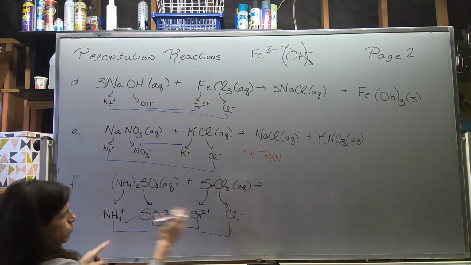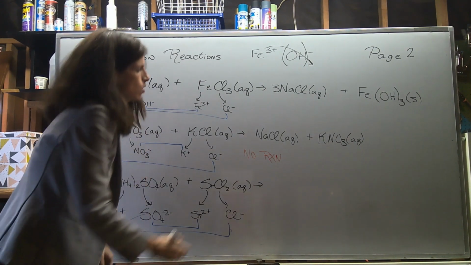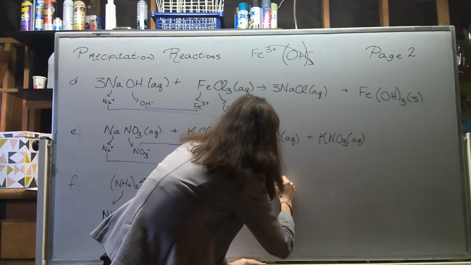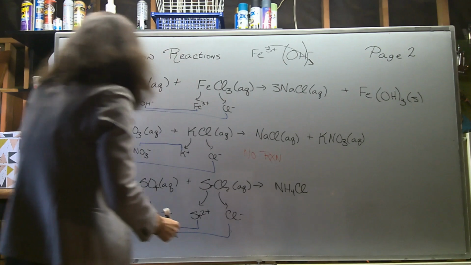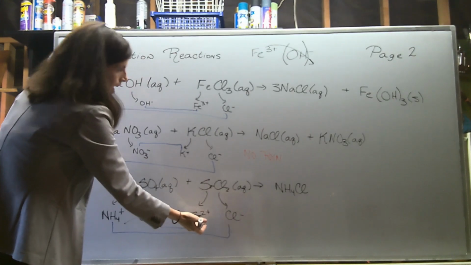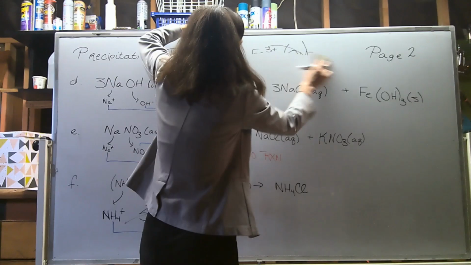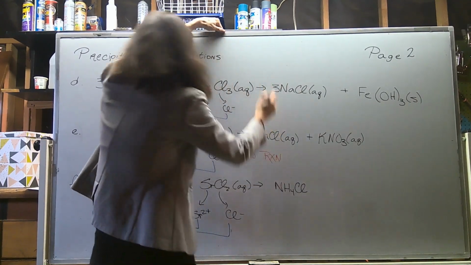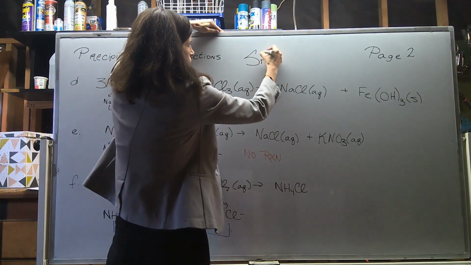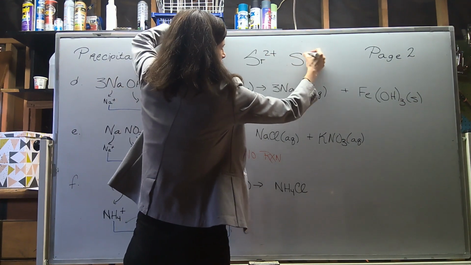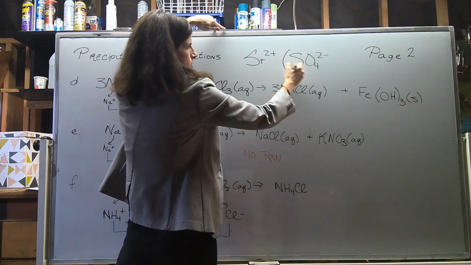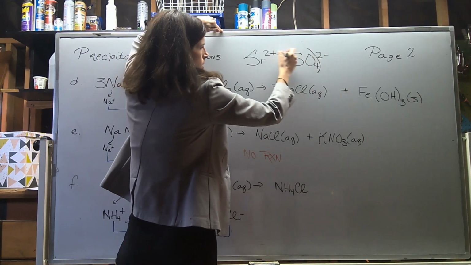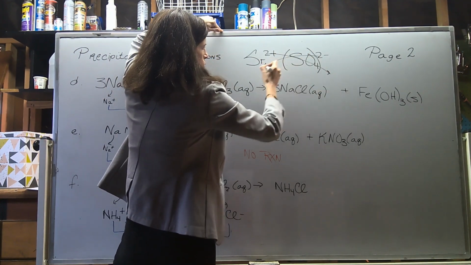So this is a +1 and this is a -1, which means they combine in a 1-to-1 ratio. The positive always has to go first. So I'm going to have Sr2+ and SO4 2-. Parentheses, because it's a polyatomic, we have a 2 and a 2.